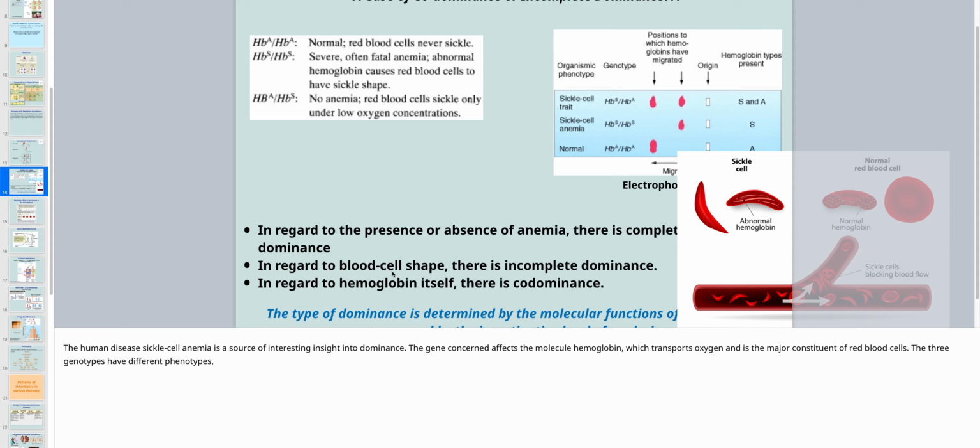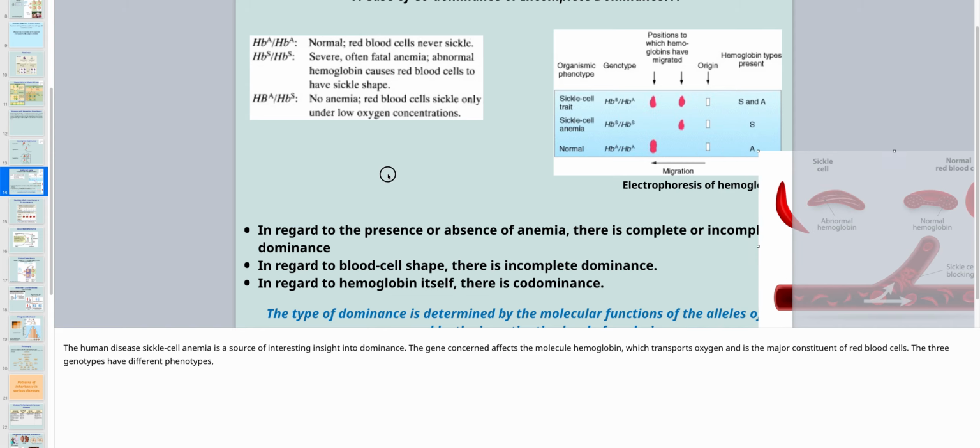In regards to blood cell shape, there is incomplete dominance, meaning that individuals who are heterozygous, their cells would not sickle as badly as those with sickle cell disease, those who are homozygous for the sickle cell allele.